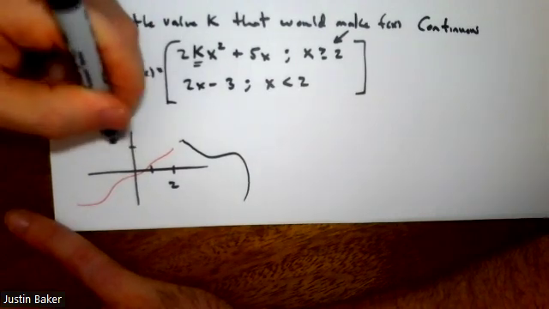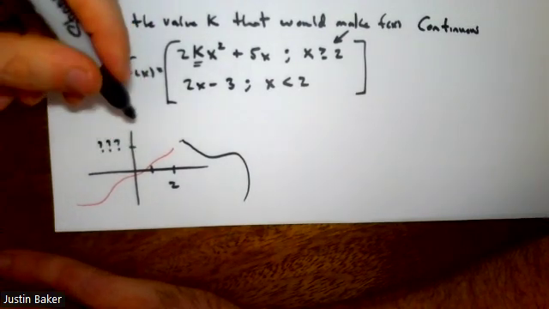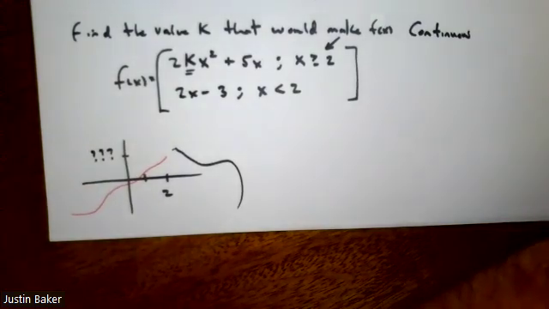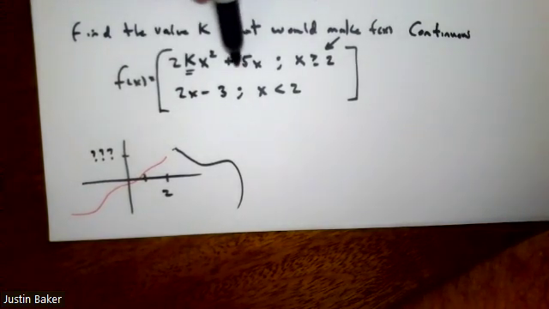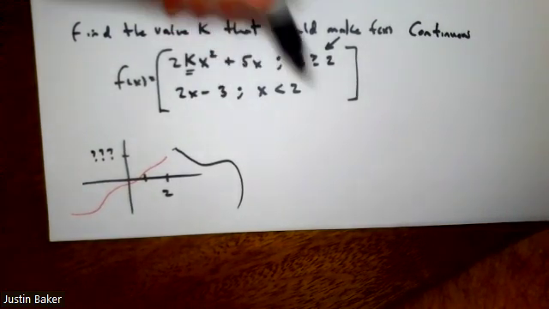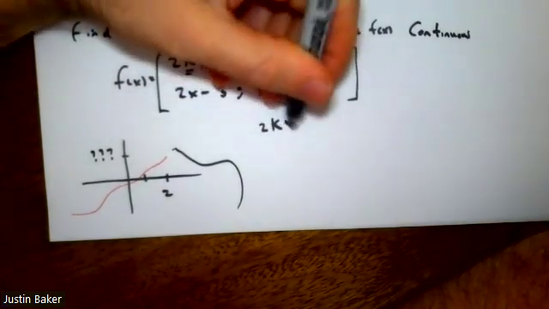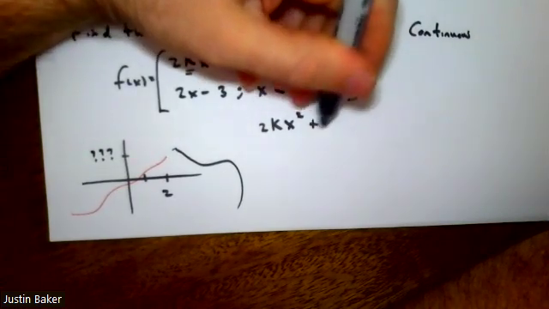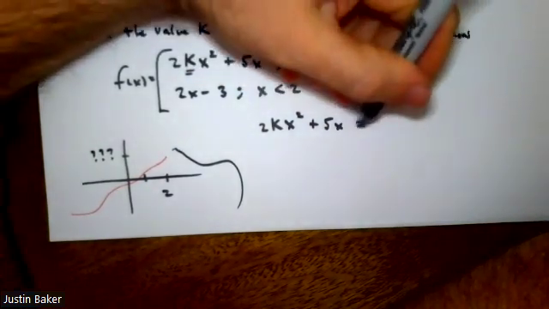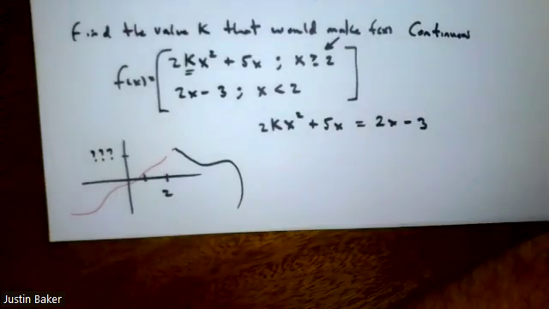It has to connect somewhere in order to be continuous. So we would need this top equation to be equal to the bottom equation. So let's try to do that: 2kx squared plus 5x is equal to 2x minus 3.